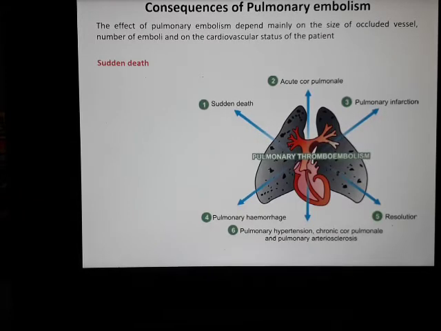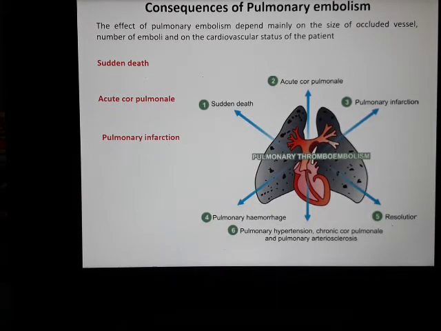So the first consequence is sudden death, if there is complete occlusion of the pulmonary vessels. Then acute cor pulmonale. Cor pulmonale means disease of the heart due to pulmonary causes. That is called acute cor pulmonale.